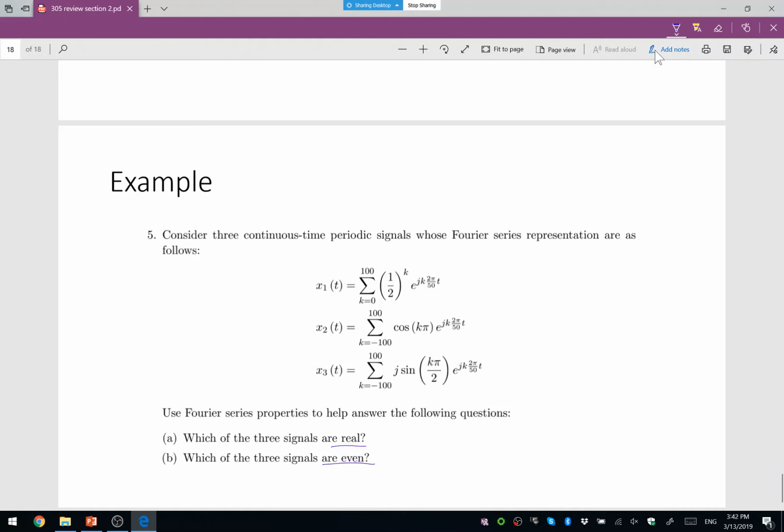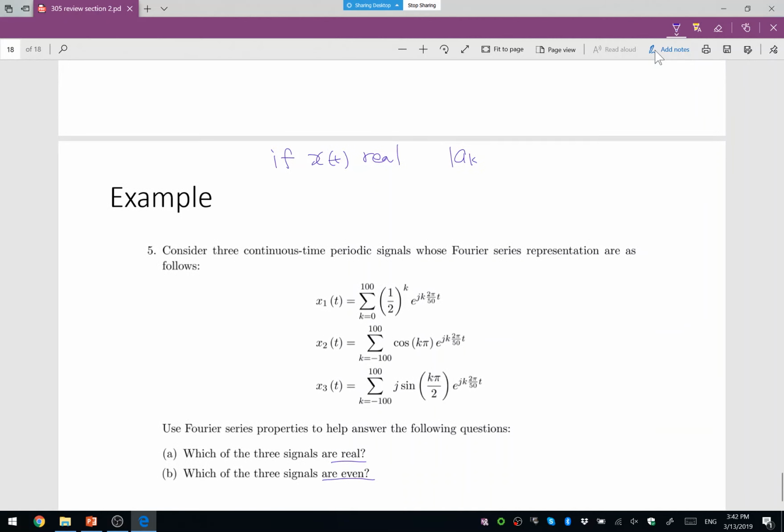if the signal x(t) is real, then a_k should behave in a special way. The easy way to check that is by checking the real and the imaginary part to see if it is conjugate.